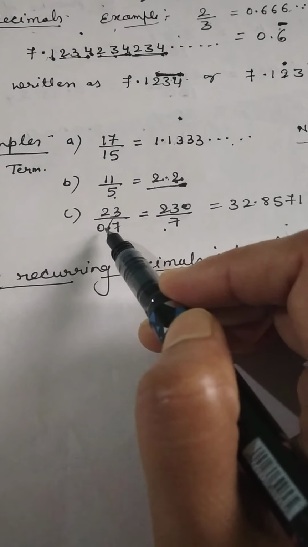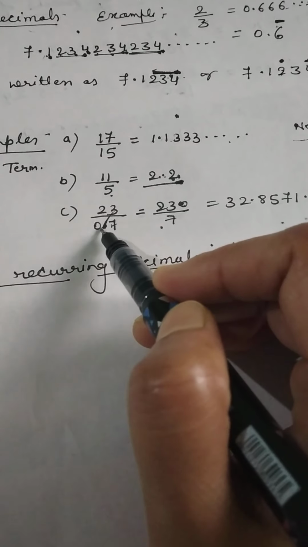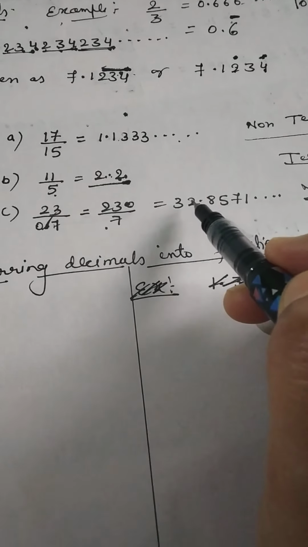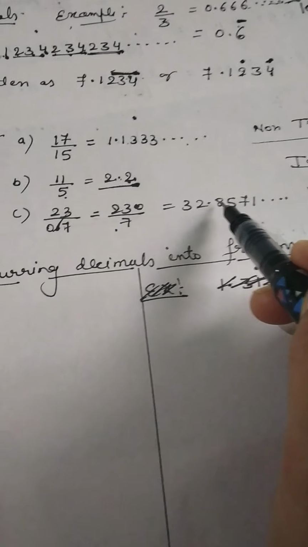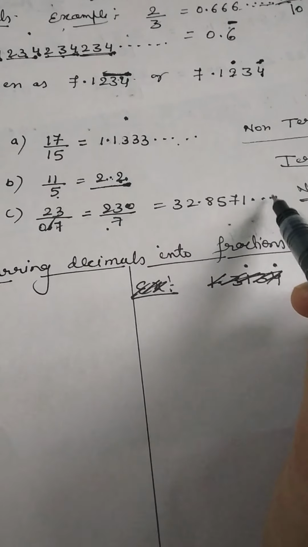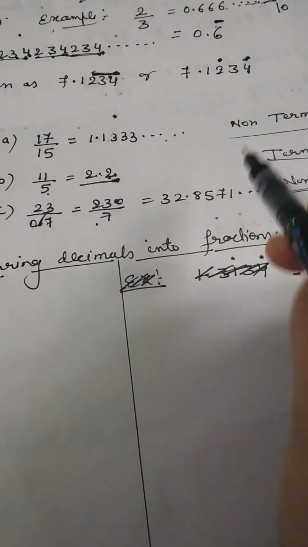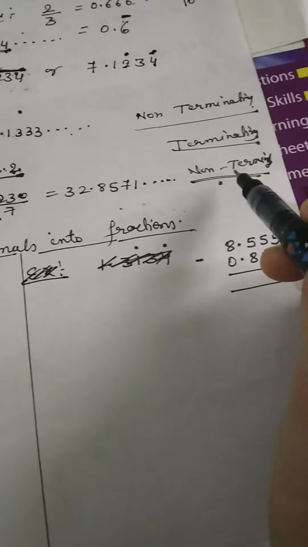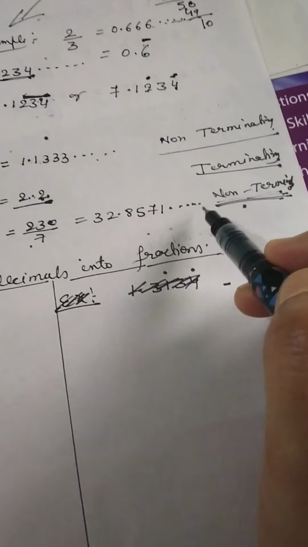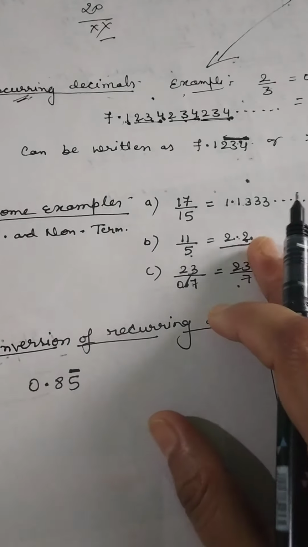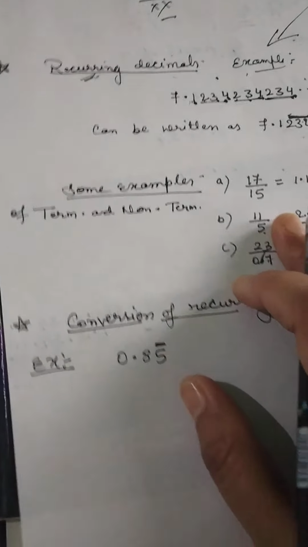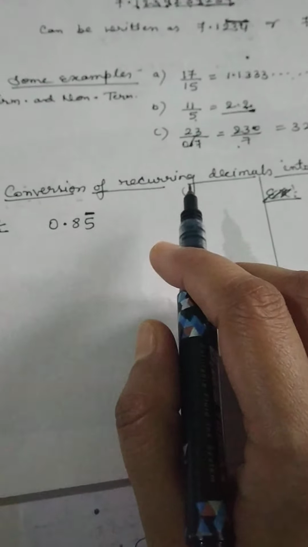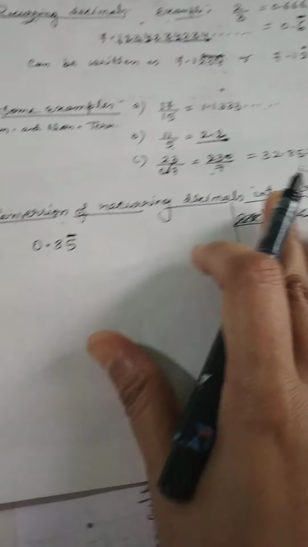And 23 by 0.7, if you remove this decimal, we'll get here 230 by 7, we'll get its answer 32.8571 and dot dot dot. This shows that this division continues to go on. There is no end of this. So this is called a non-terminating decimal. Clear what is terminating and what is non-terminating decimal?